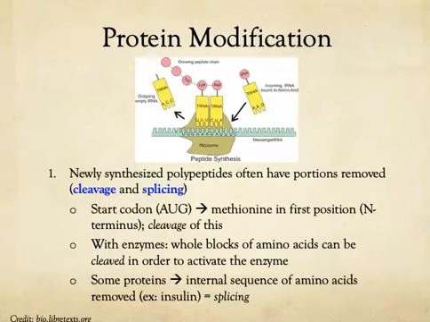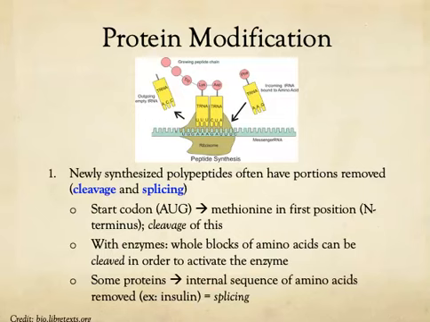Polypeptides that are destined to become functional enzymes often have really large sections of amino acids cleaved off during this modification process. And that removal of all those amino acids is going to be part of what helps that enzyme become activated. Of course, there are other polypeptides that get spliced.